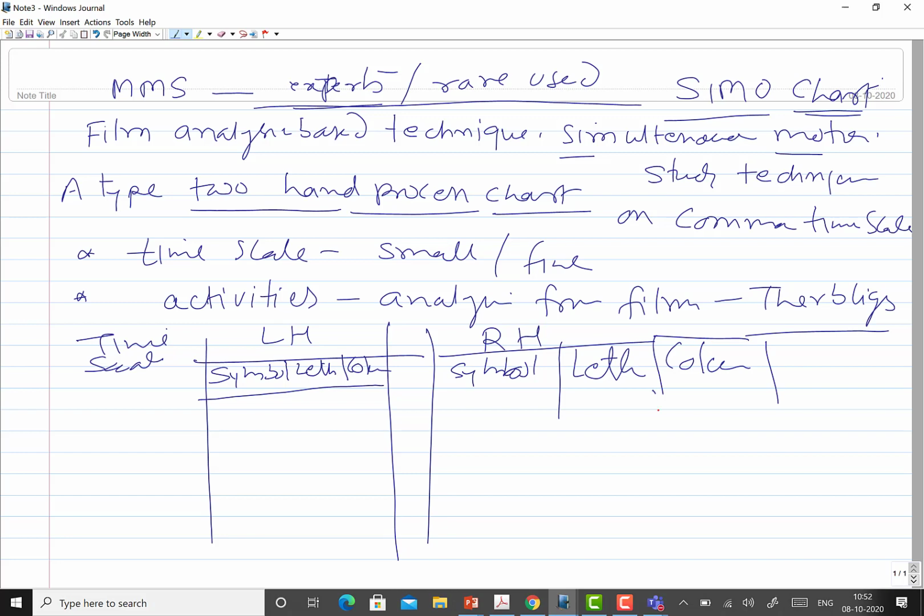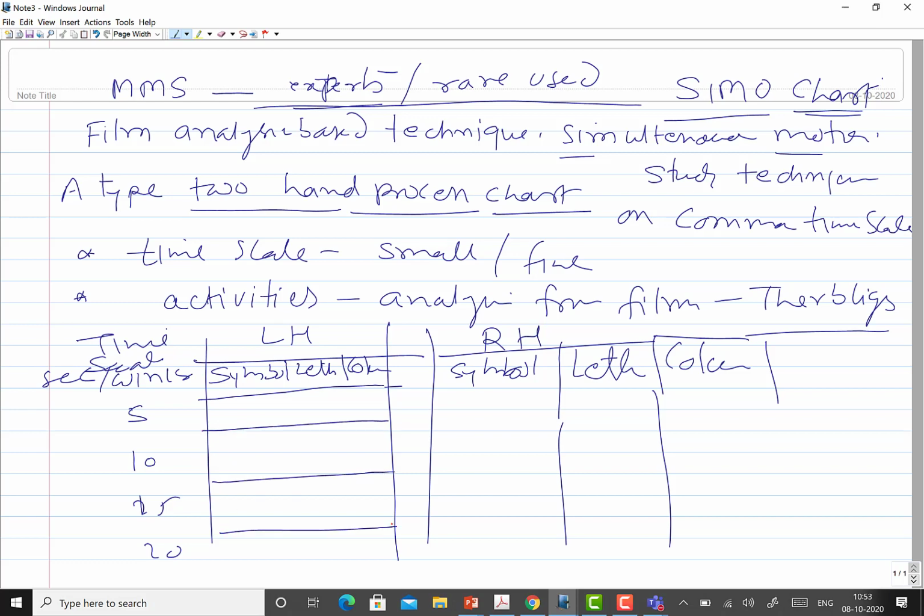Okay, so this is how it is done. Like here we'll be writing 5, 10, 15, 20, maybe seconds or winks as per the case. And then what is being done, there can be a single thermblig or a group of thermbligs, depending upon the capability to quantify the time for an individual thermblig or group of thermbligs.